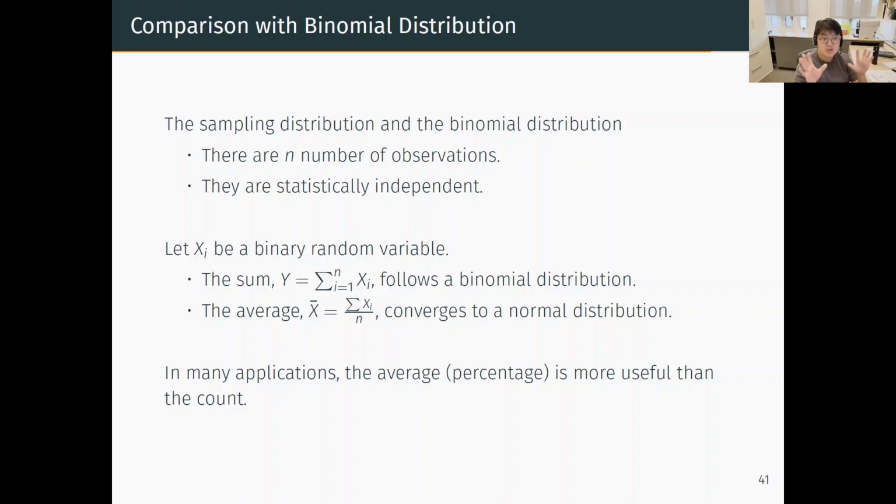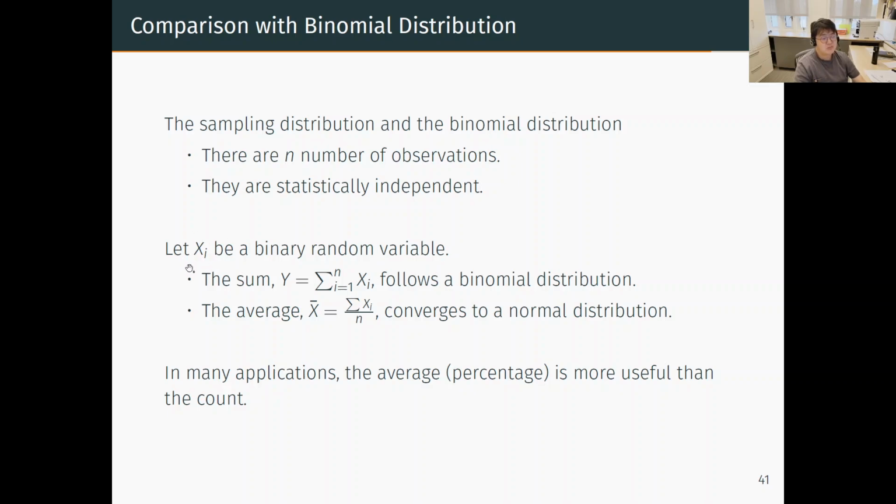So they are similar. The binomial distribution has two differences: it requires each single outcome to be binary, and second, it looks at the sum, the count, instead of the average. But otherwise, they are basically the same, right?